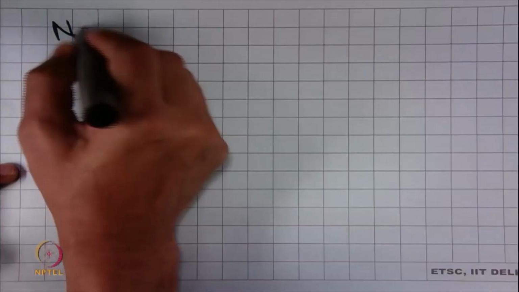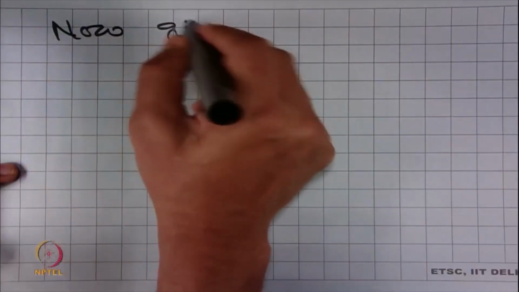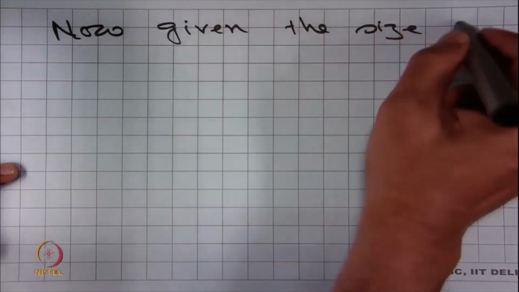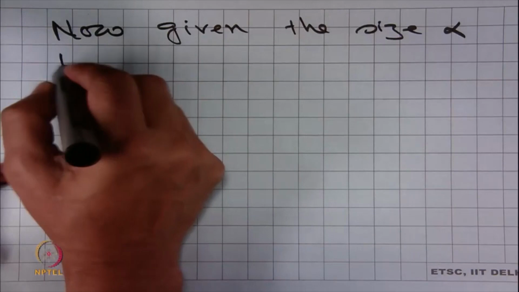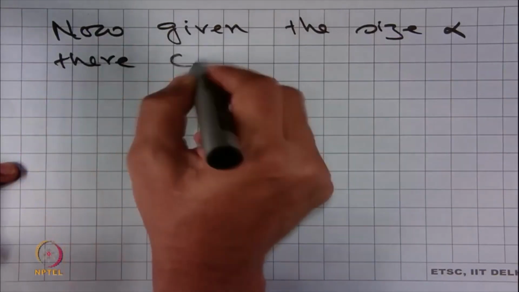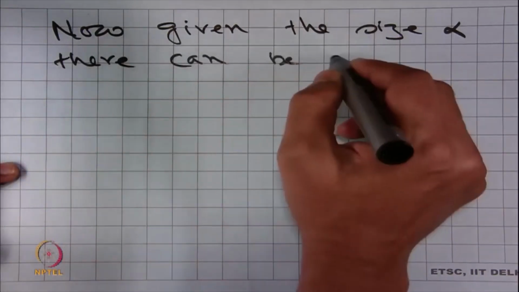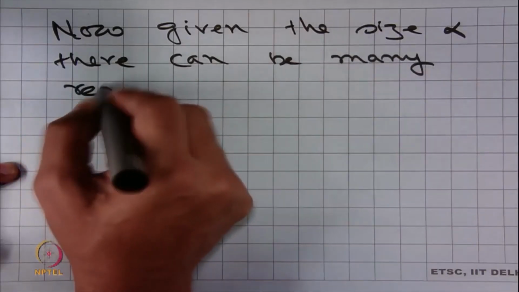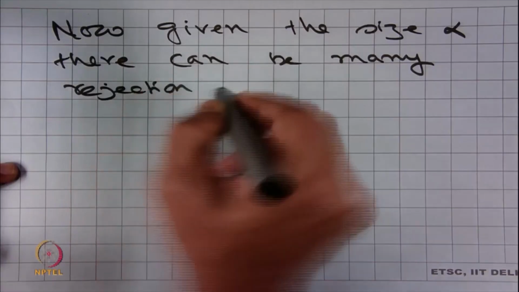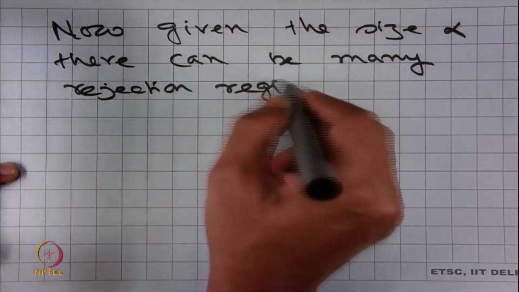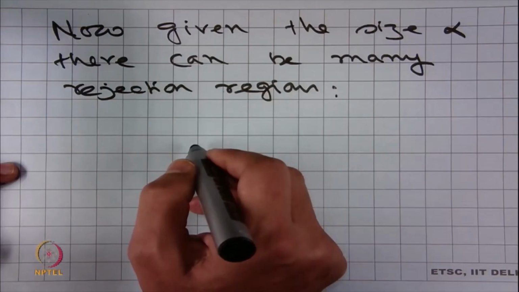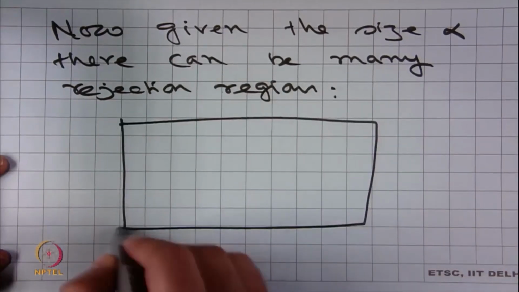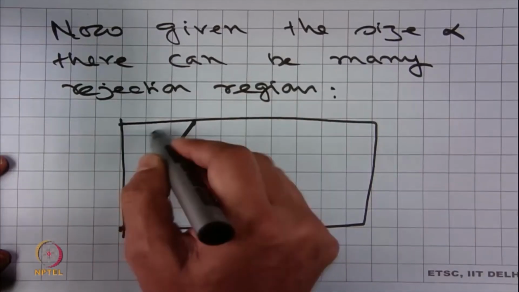Now, given the size alpha, there can be many rejection regions. Say this is one rejection region of size alpha.